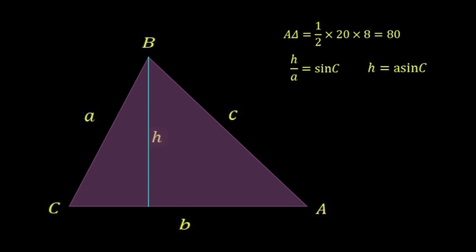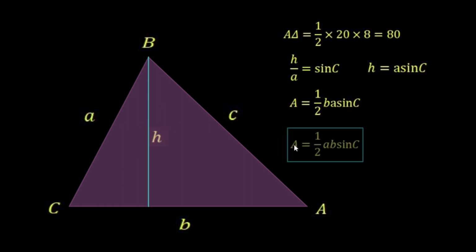So it means finally what we can write is the area is a half times the base b times the height, which is a sine C. But we will rewrite this as the area of the triangle is a half ab sine C. So if we are given two lengths and the angle in between, we can find the area of a triangle.